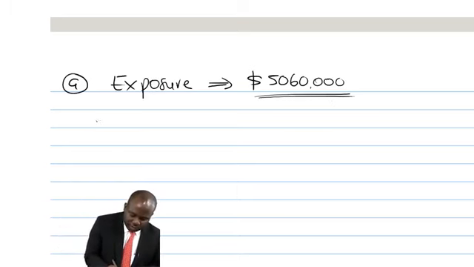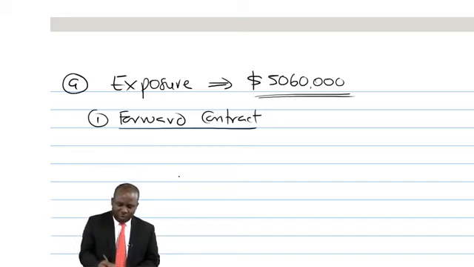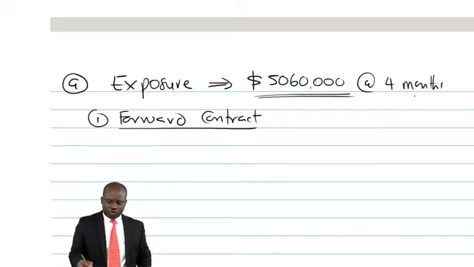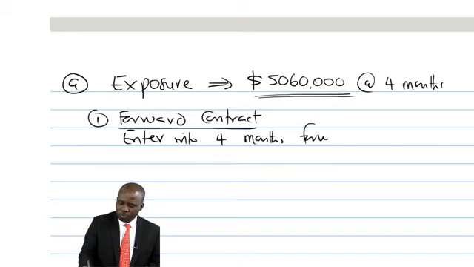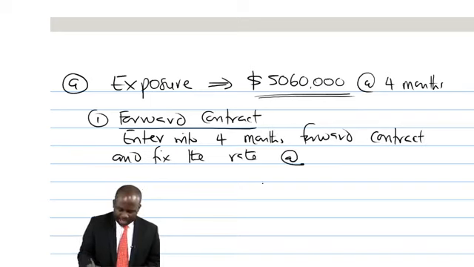We can think of using one, forward contract. What will be the forward contract? Because this is supposed to be paid in 4 months' time, I need to enter into a 4 months forward contract. So I will say enter into a 4 months forward contract and fix the rate at, I go to the question, where is the forward contract?